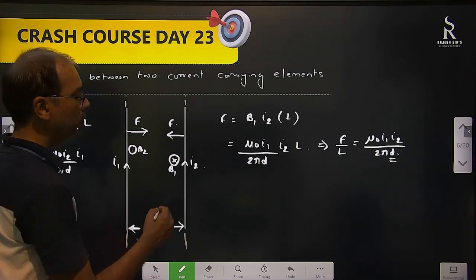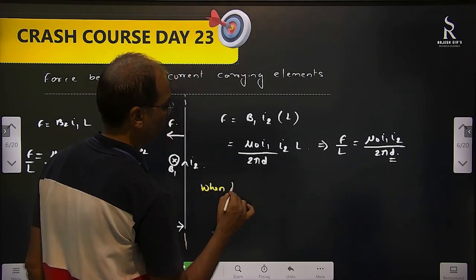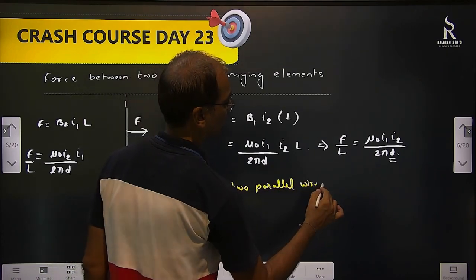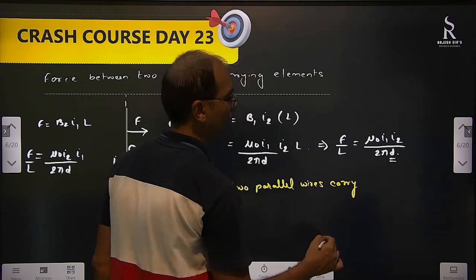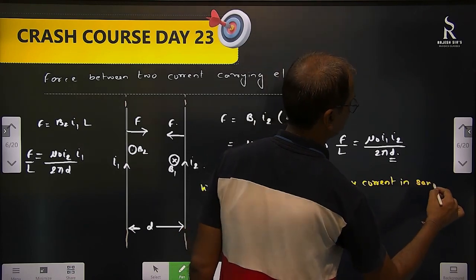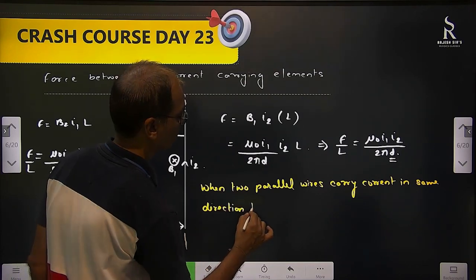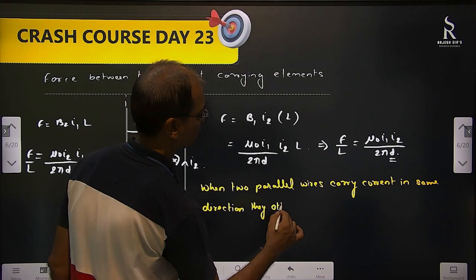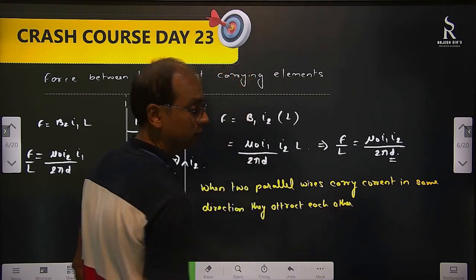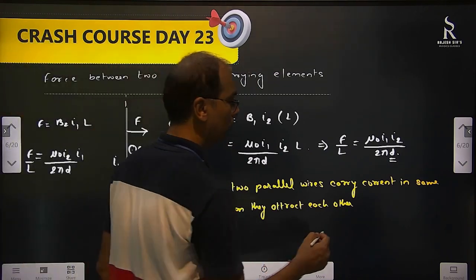So when two parallel wires carry current in the same direction, they attract each other. And vice versa. Vice versa means if they are carrying current in opposite direction, they repel each other.